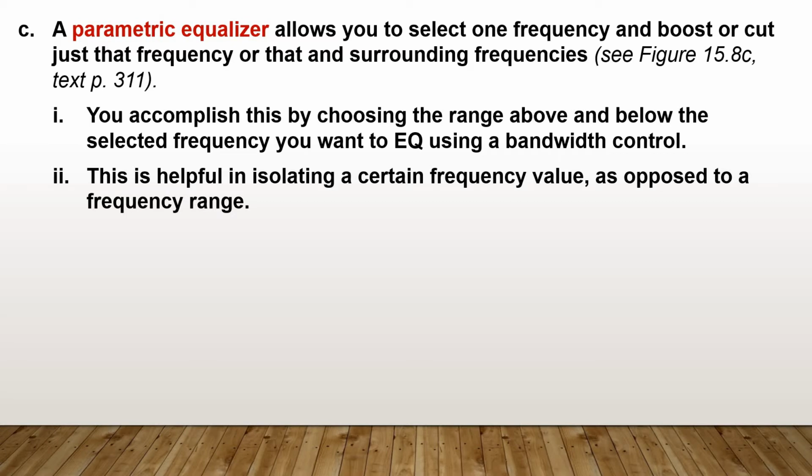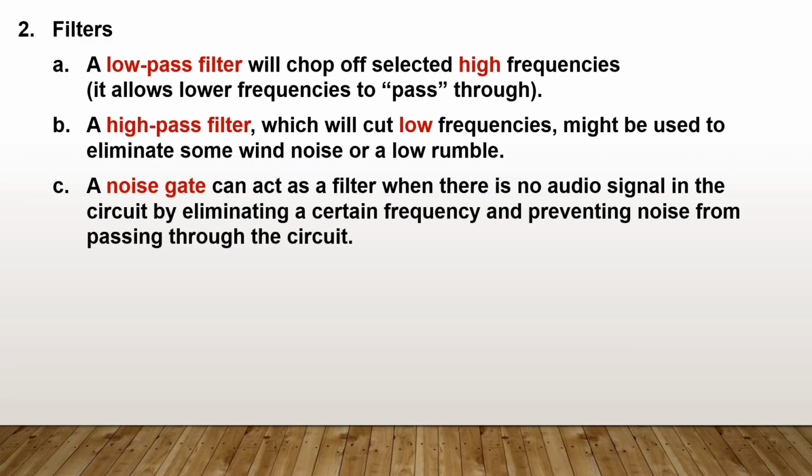And this is really helpful in isolating a certain frequency value as opposed to a frequency range. A lot of times if you're trying to eliminate a hum or machine noise or something like that, that would be a really good use of something like this.